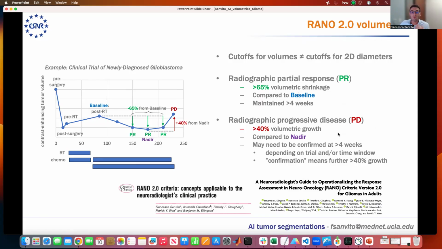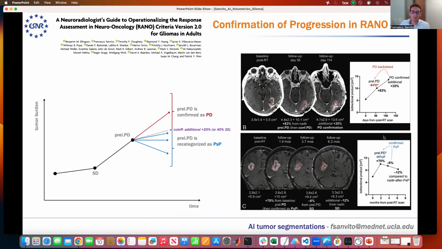For progression, you may or may not need a confirmation of progression, which means you see a progression and you want to see that there is further progression, to call it a definitive Rano progression. It depends on the timing, the therapeutic agent, the trial, a bunch of things. But it's important, if you have to apply the confirmation of progression, that you know how to apply it.